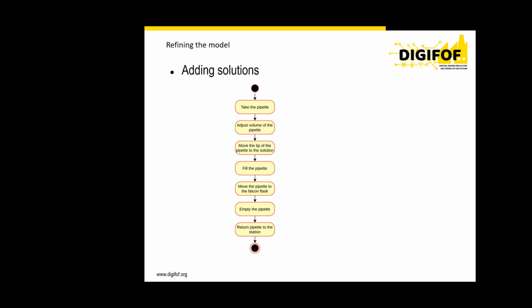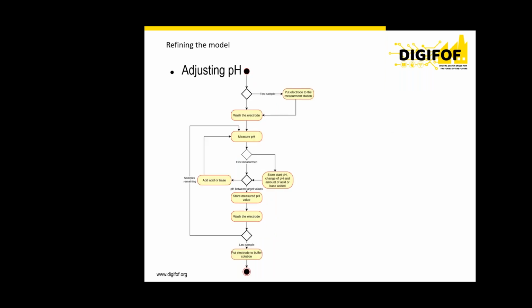Taking the pipette needs some more details that we can show in later slides. So we think that this still needs some refinement. There are some pipetting robots available, so we decided that we will not go deeper on this side.